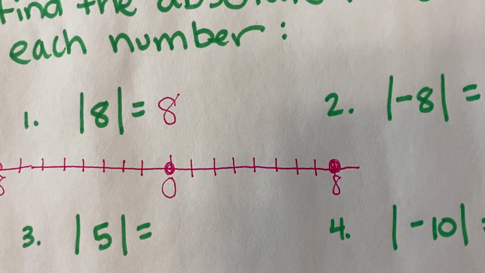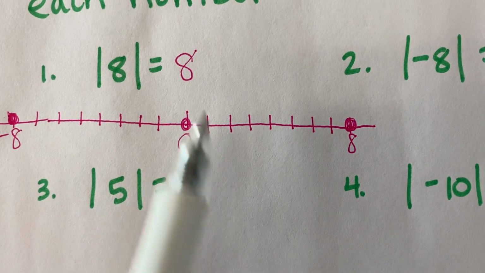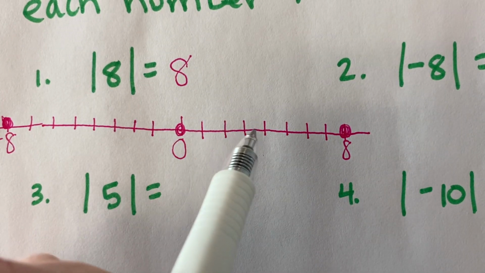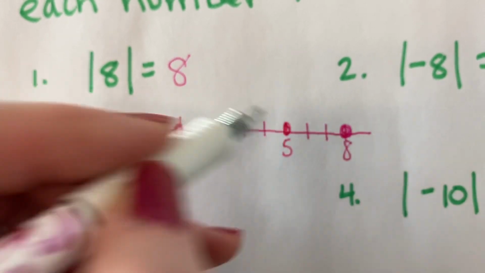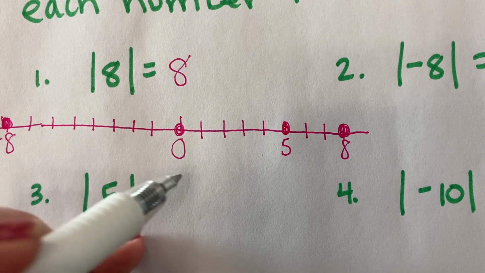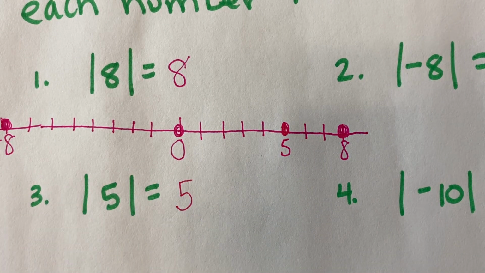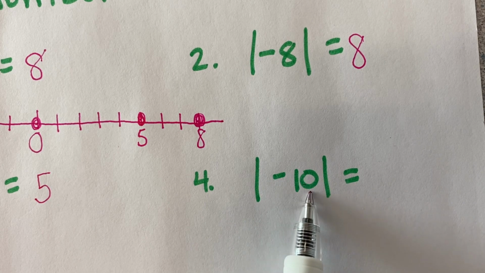Okay, number 3, absolute value of 5. Okay, let's go to 5. 1, 2, 3, 4, 5. What's the distance? 1, 2, 3, 4, 5. How about the next one? The absolute value of -10.